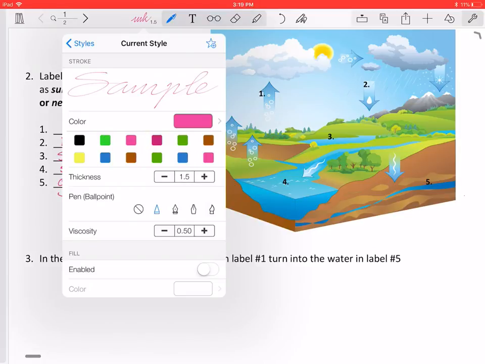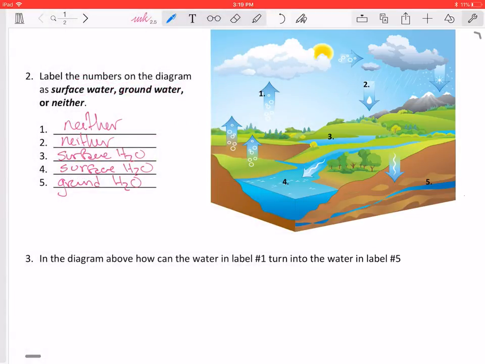In the diagram above, how can the water in label 1 turn into the water in label 5? How can 1 here turn into 5 here? This really goes back to learning about our water cycle. Now, if you put the water cycle, well, yes, but you need to elaborate.